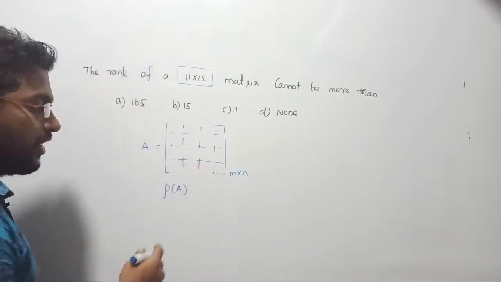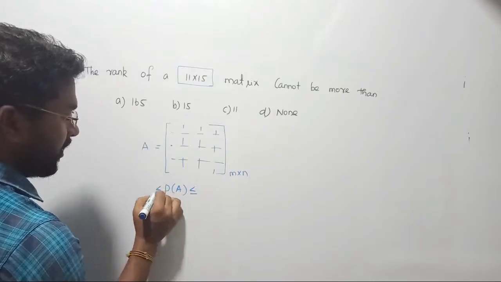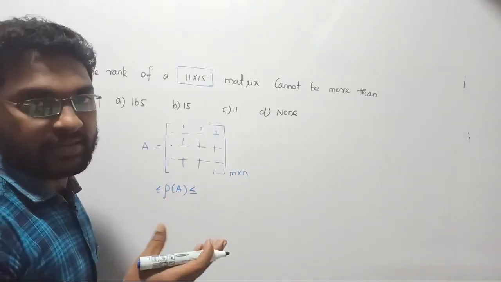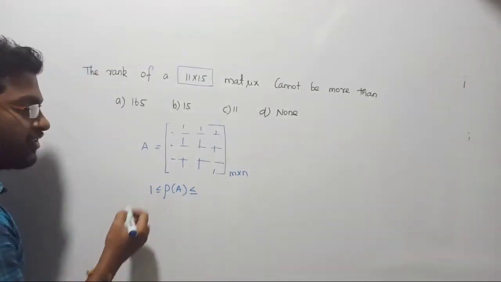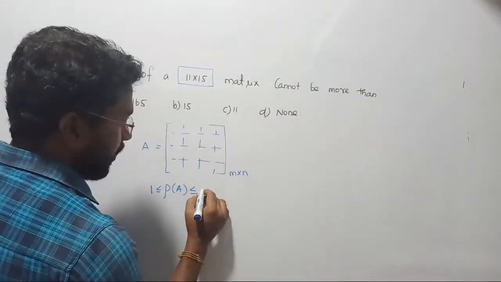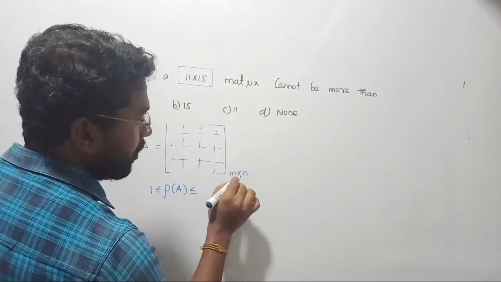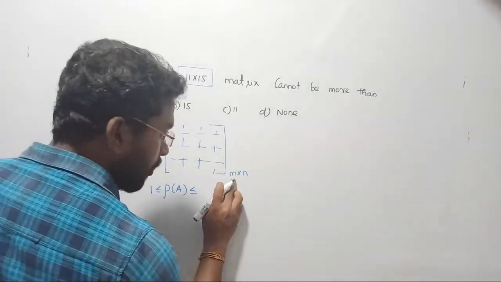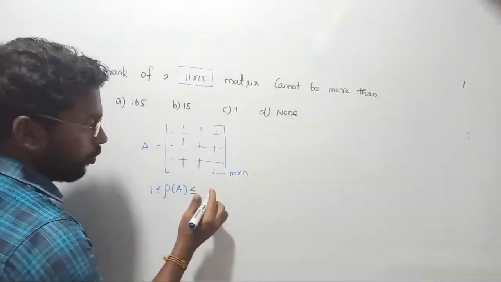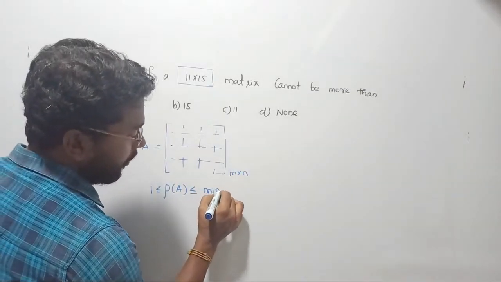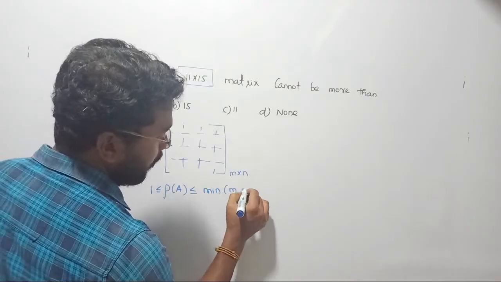Except for the null matrix, for all matrices the minimum rank is 1, and if the number of rows and columns are not equal, the rank range is 1 to the minimum value of M cross N.